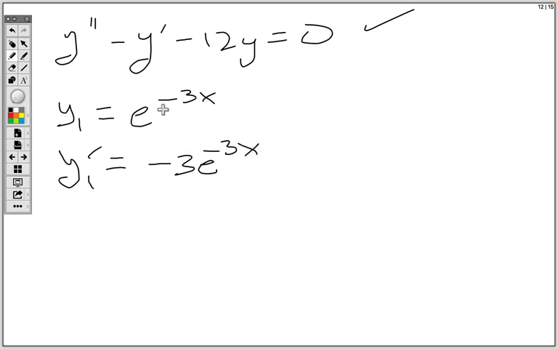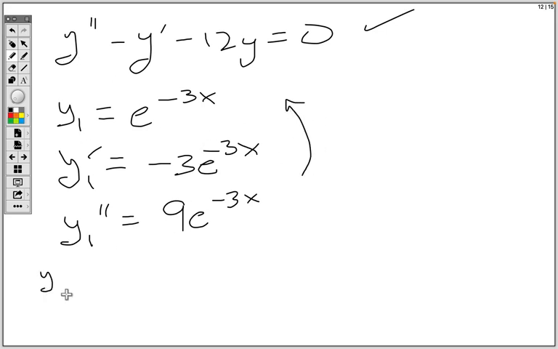So every time you take a derivative of this exponential, you're just going to be multiplying by -3. And so now I just stuff this in: y1 double prime minus y1 prime minus 12y1, does it equal 0?